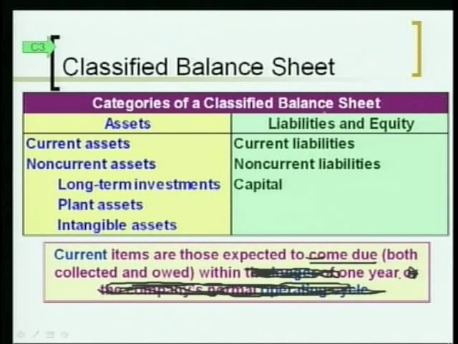Now, with liabilities, this is pretty straightforward. You can come off the PowerPoint there. If the liability is due within the year, it is a current liability. If we pay it beyond 1 year, it is not current, okay? Let me give you some examples.